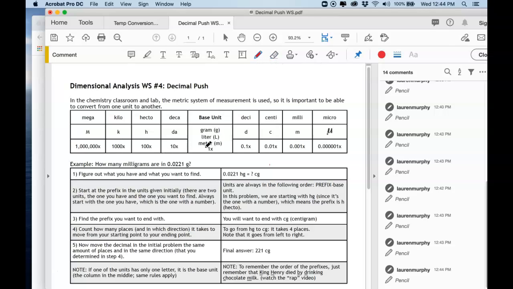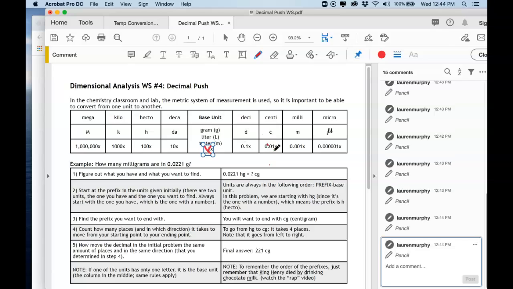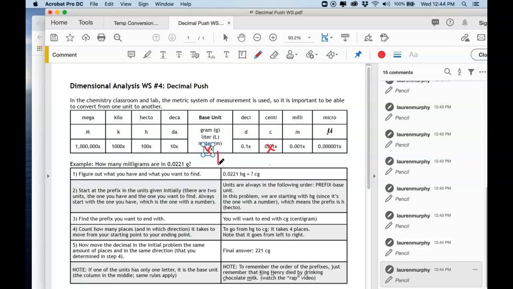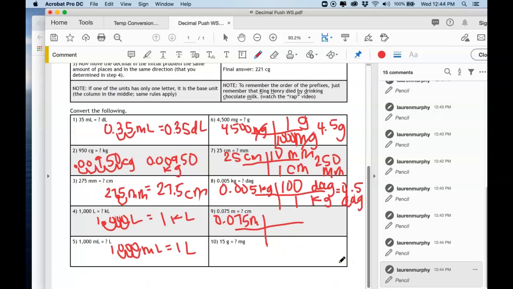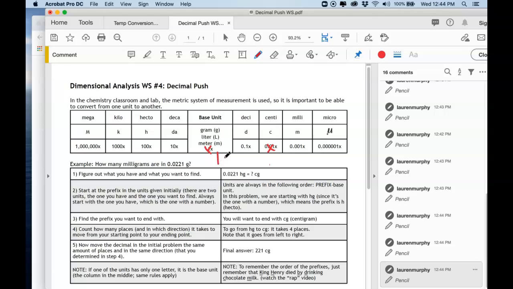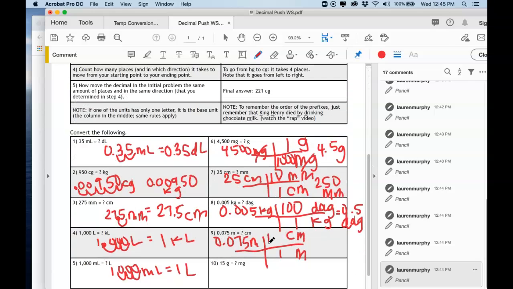So meters is here. Centimeters is here. So I'll put my 1 here. It's the furthest to the left. So 1 meter. Meters goes down here to cancel. Centimeters goes up here. 1 meter is, and then I'm going to go over 2 spots, 100 centimeters.